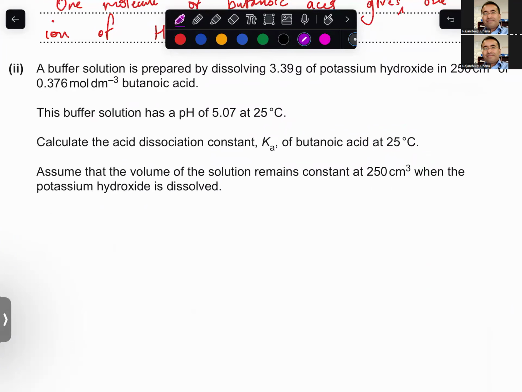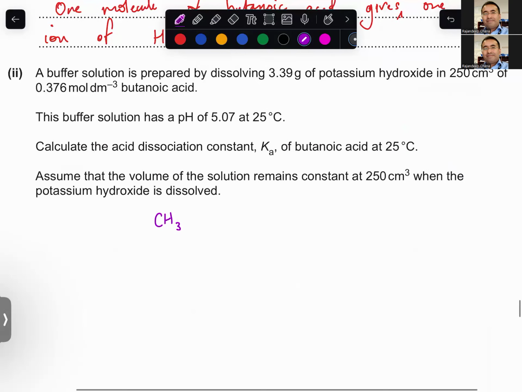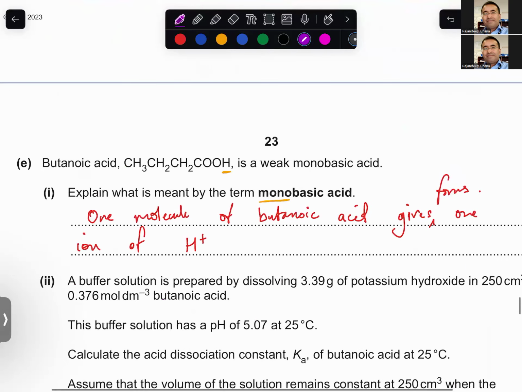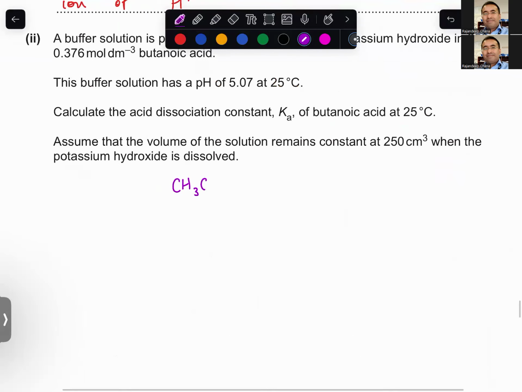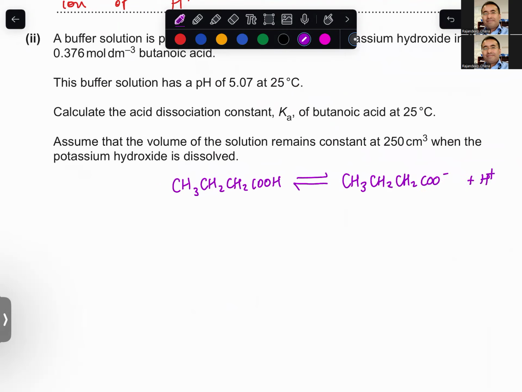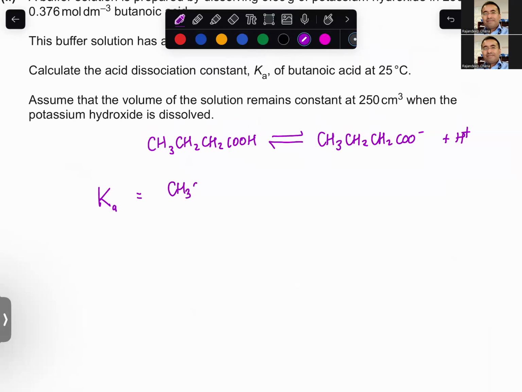So you see, you've got butanoic acid, CH3. I'm just going to write down the expression. Now, you see the Ka expression for the buffer solution is going to be the following: CH3, CH2, CH2, COO minus, and H plus.